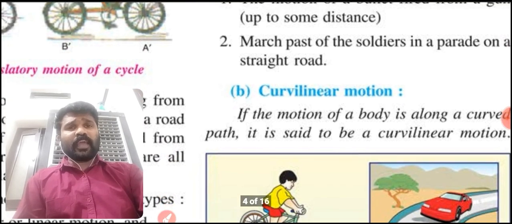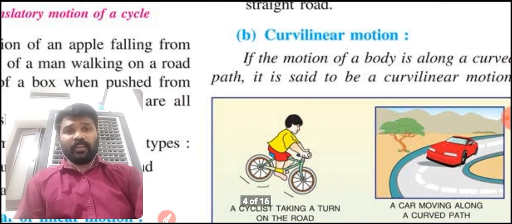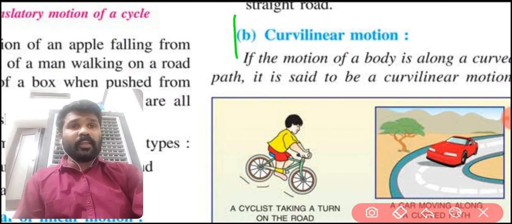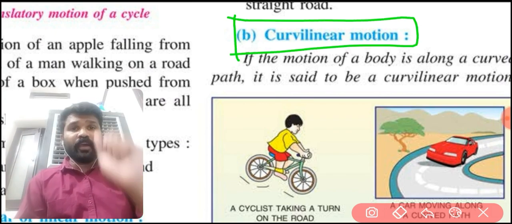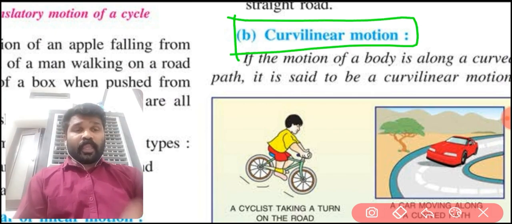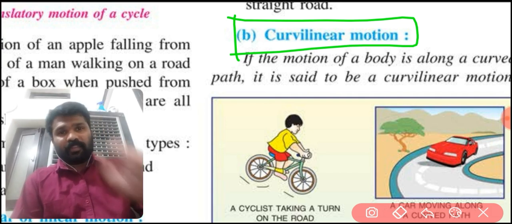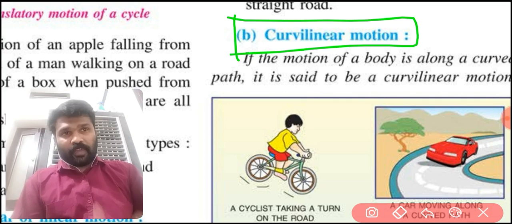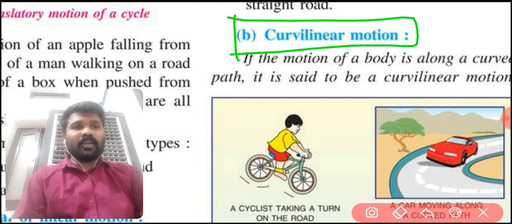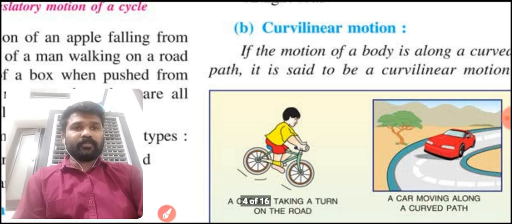Now second type of translatory motion, that is curvilinear motion. If the motion of a body is along a curved path, it is said to be a curvilinear motion.